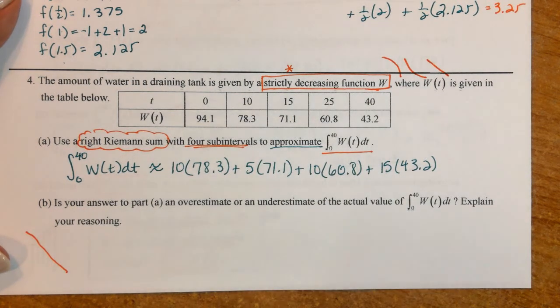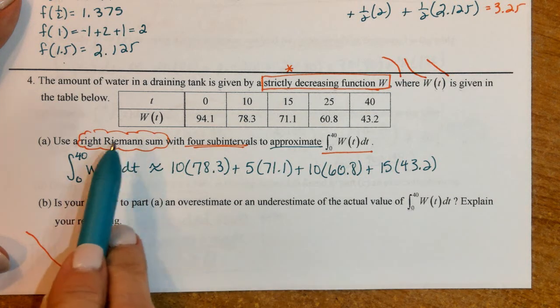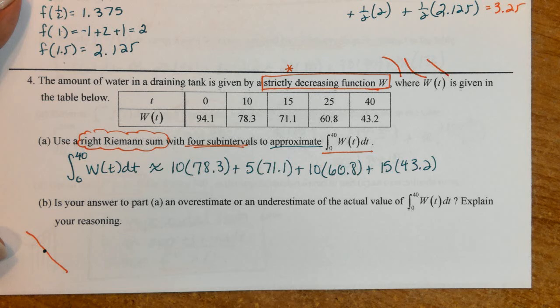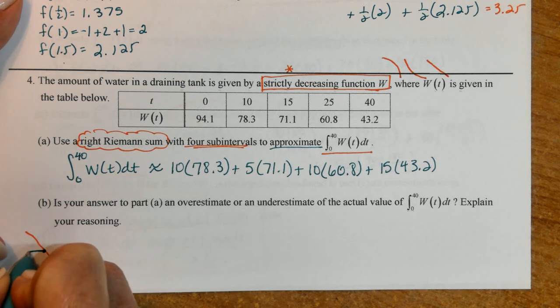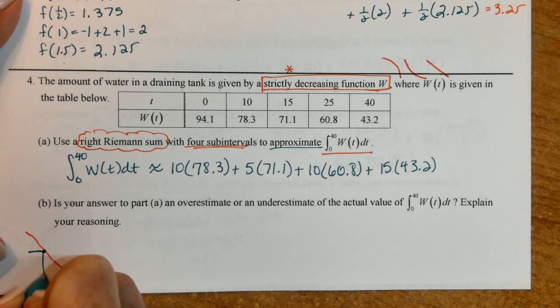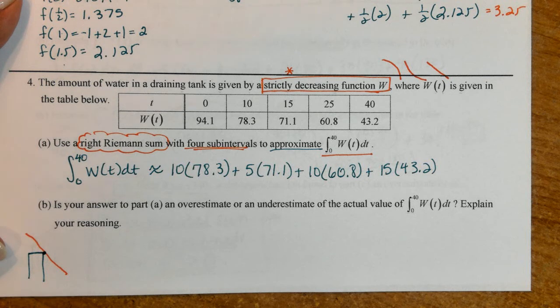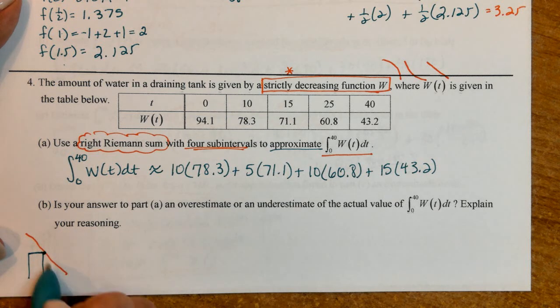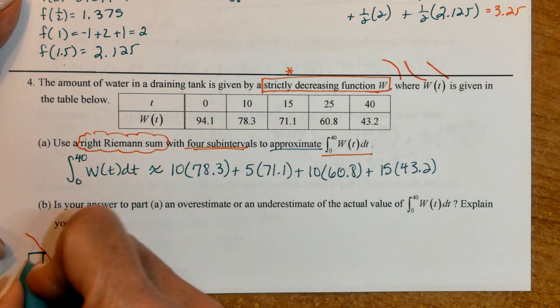Okay? We used a right Riemann sum. That means if that's the height, the right-hand height, every rectangle is going to be below that decreasing curve. If we had used a left-hand height, every rectangle would be above it. But with a right-hand height, it's below.